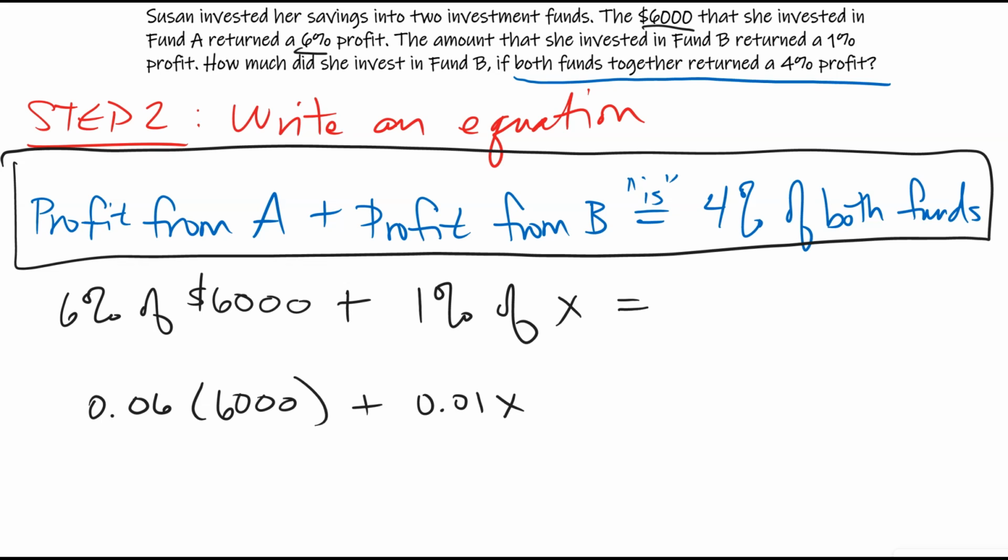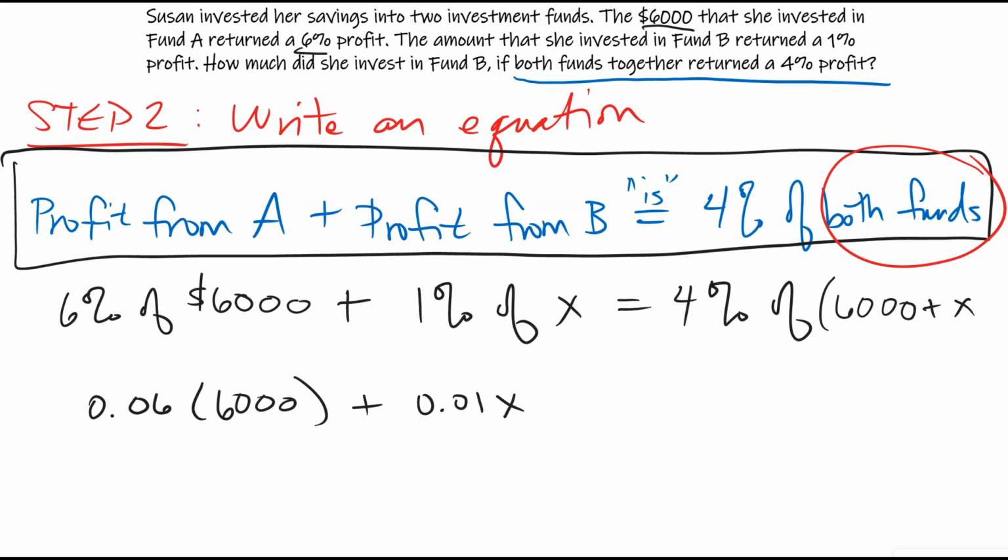And then the right-hand side is we have 4% of both funds. Okay, so both funds. So we take the amount from A, which is $6,000, plus the amount from B, which is our unknown X. Okay, so then just translating that, this is 0.04 times (6,000 plus X).